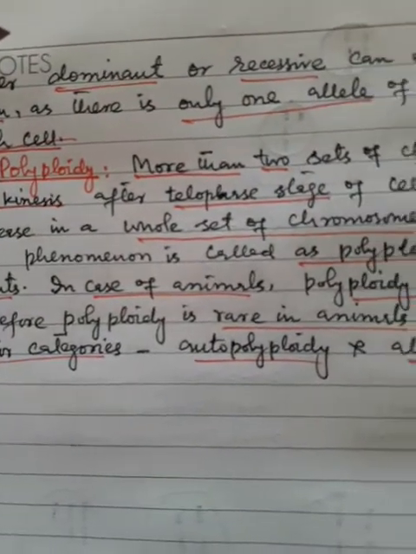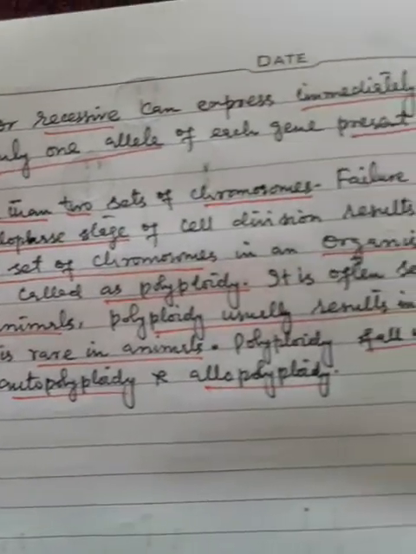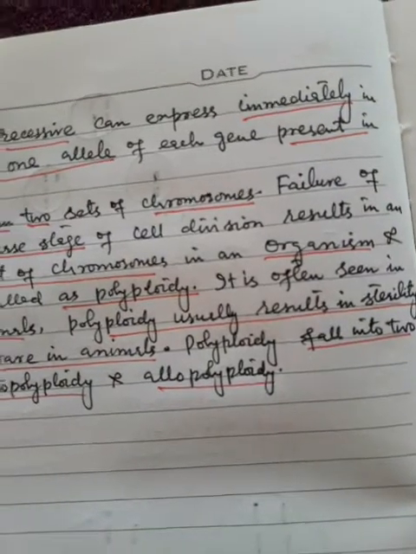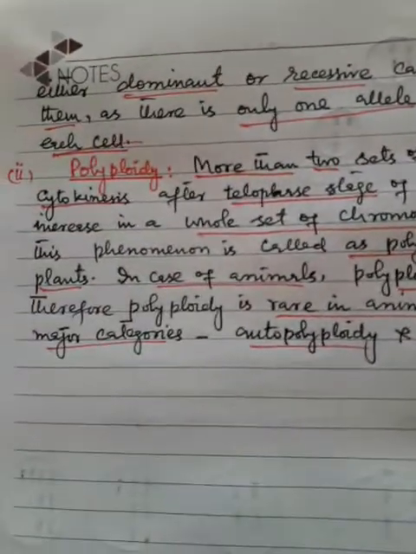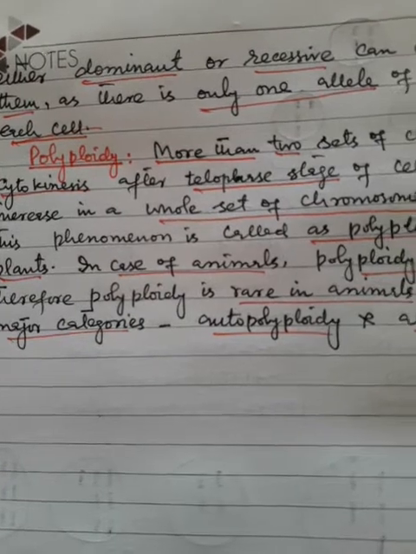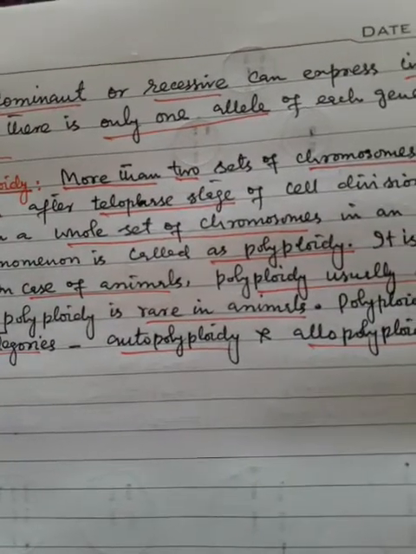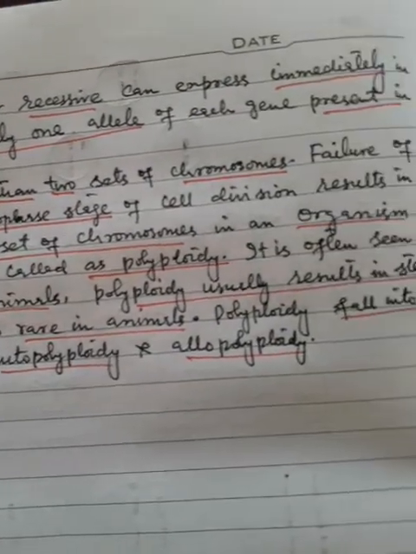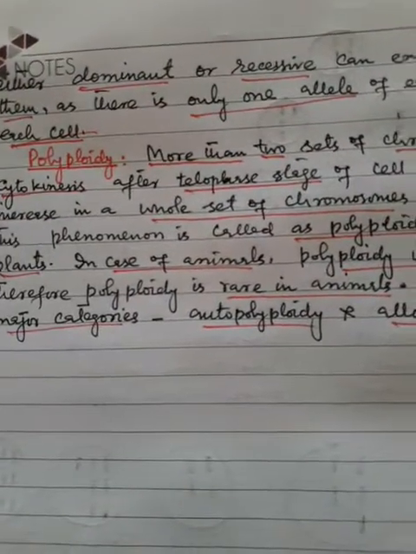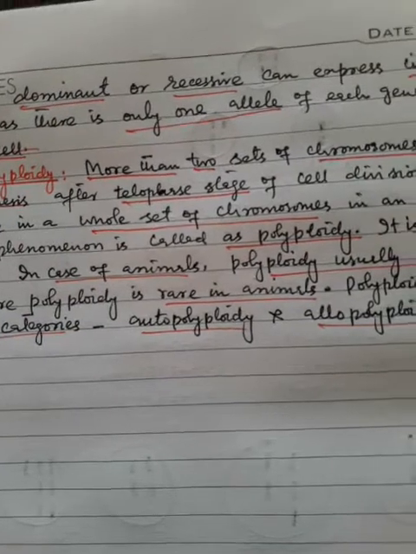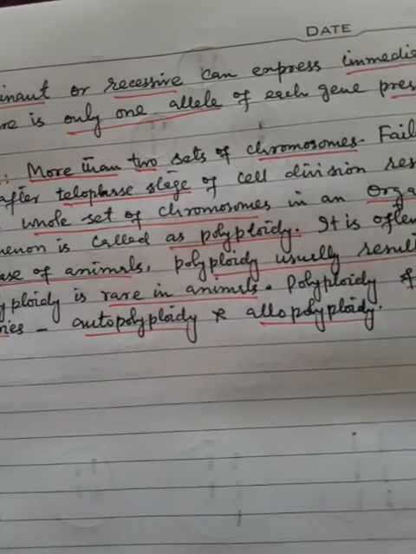In case of animals, polyploidy usually results in sterility. Therefore, polyploidy is rare in animals.